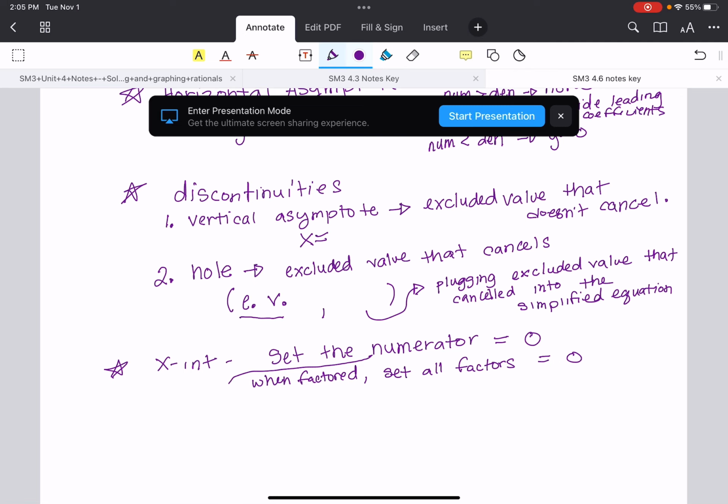And it always looks like a coordinate point x comma 0. And there could be more than one.